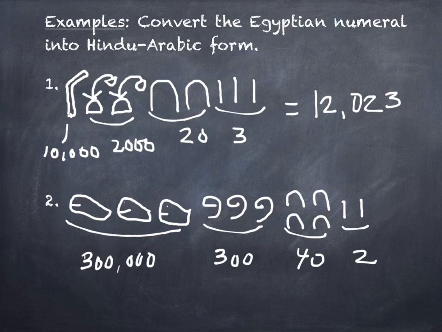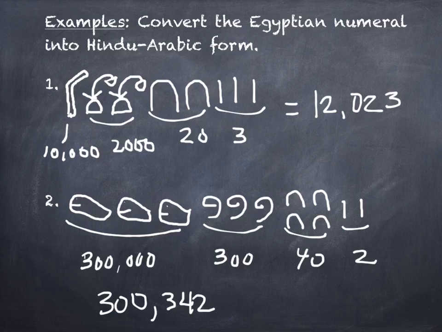Now, one thing I will mention that I haven't actually said, but hopefully you've sort of seen that this is what's happening, is they always write the biggest symbol first. Do you see that? So we would never write a stroke and then a heel bone. That just doesn't ever happen in their number system, okay? They always write the biggest number first and then the next one down, okay? So what is my number here? 300,342. Is that cool?